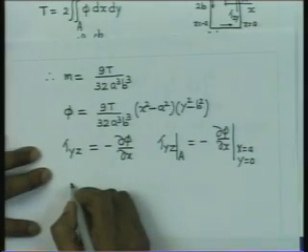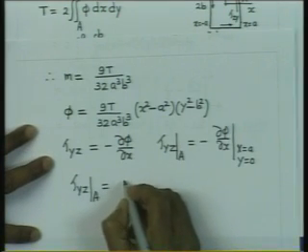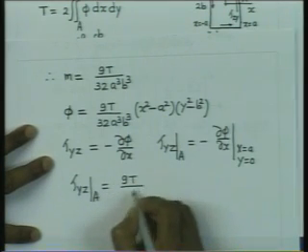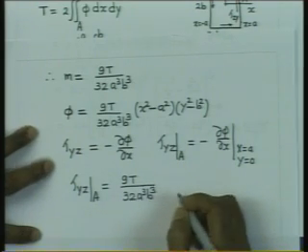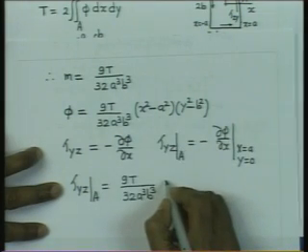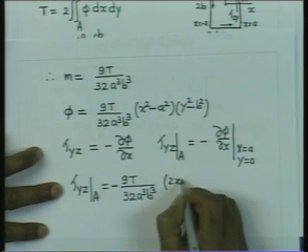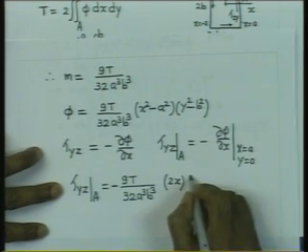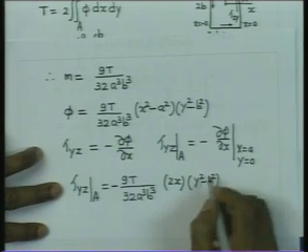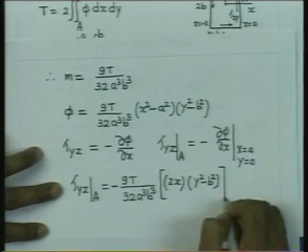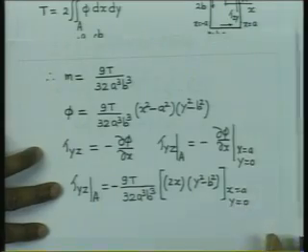So, let us see. Tau yz at A is equal to 90 T by 32 a cube b cube, and when we differentiate this we get 2x into y square by b square minus 1, and we have to substitute the value x is equal to a, y equal to 0.